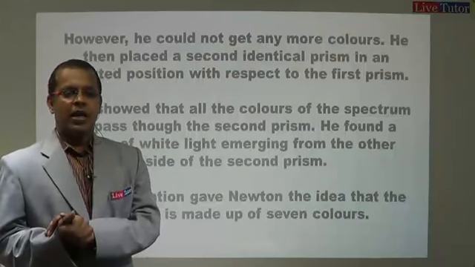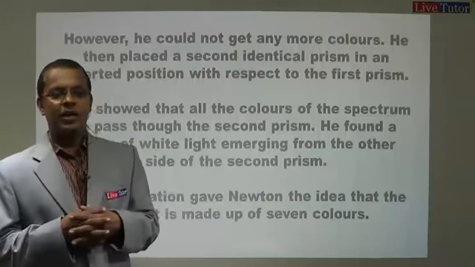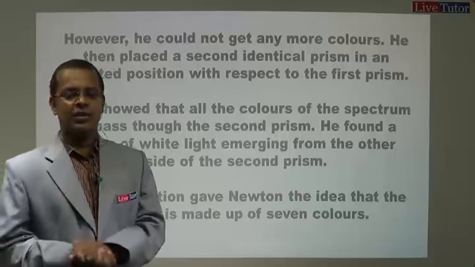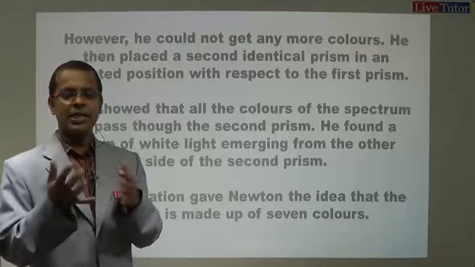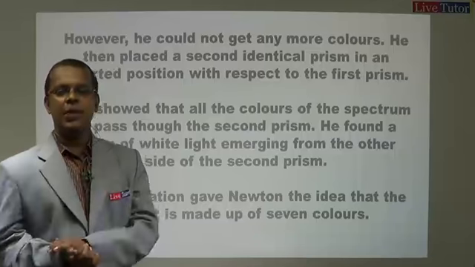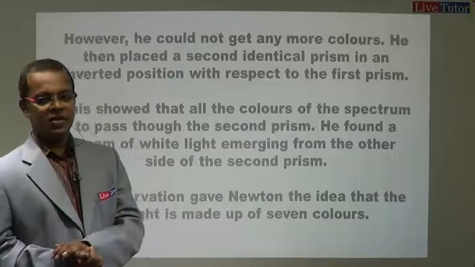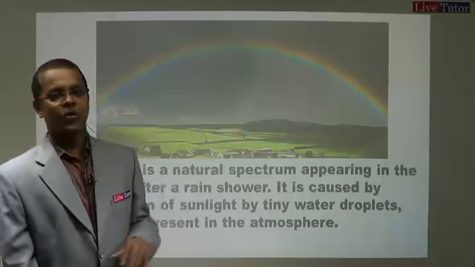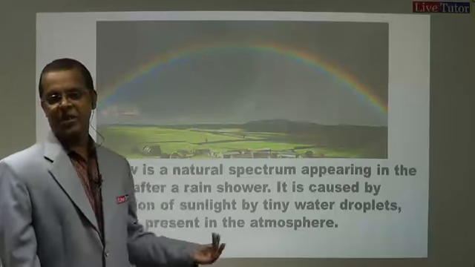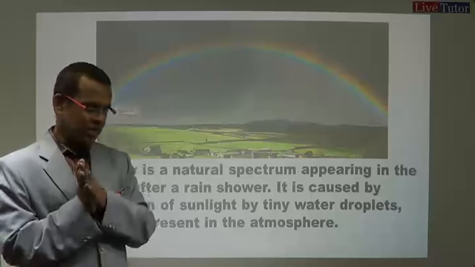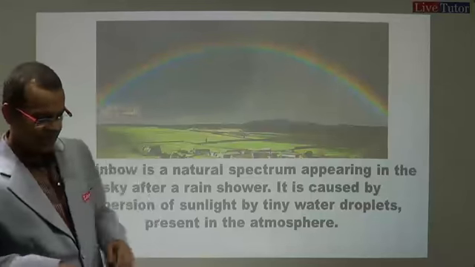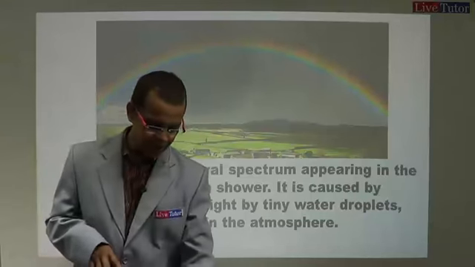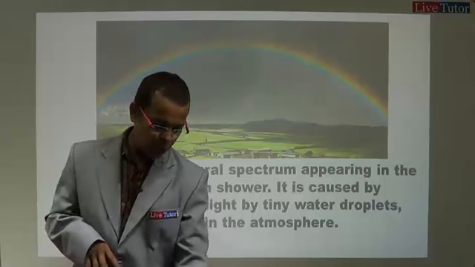And this observation was the initiation for Sir Isaac Newton to understand that sunlight is also made up of 7 colors, thereby he was able to give the reason for the rainbow. The remaining part, how the rainbow is caused, we can see in the next class. If you have any questions, you can ask me now.